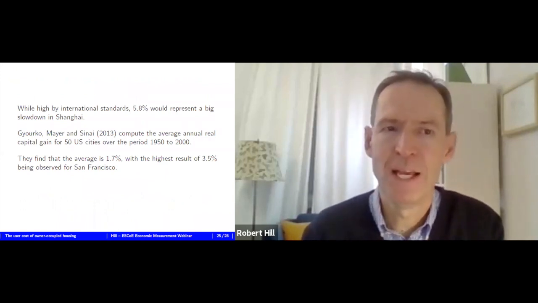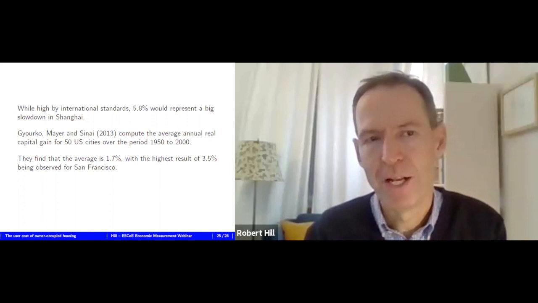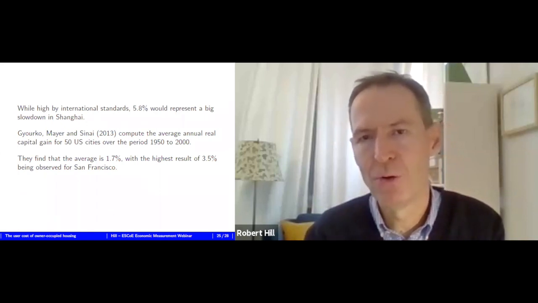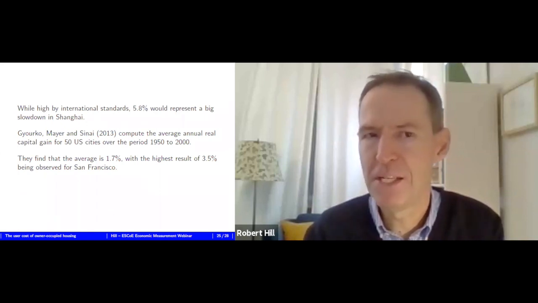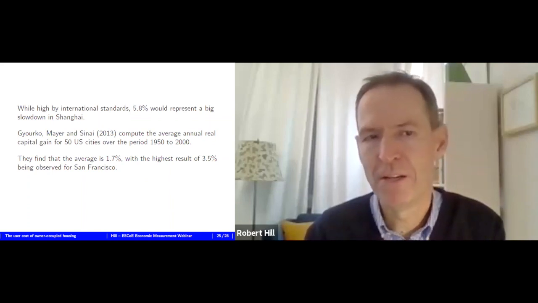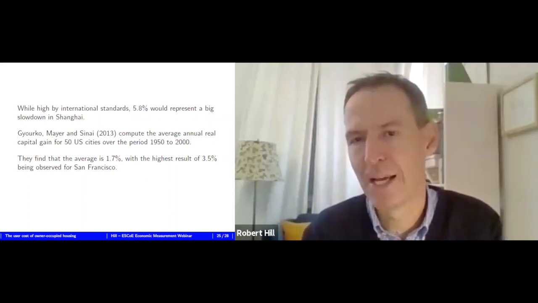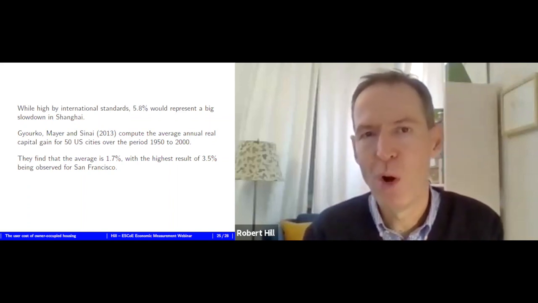5.8% real capital gains, how high is that by international standards? Well, Gorko, Meyer, and Sinai have a paper where they look at the average annual real capital gains for 50 US cities over the period 1950 to 2000. And they find that the city with the highest real capital gains was San Francisco, with 3.5% real gains per year, and the average was 1.7%. So this is way higher.